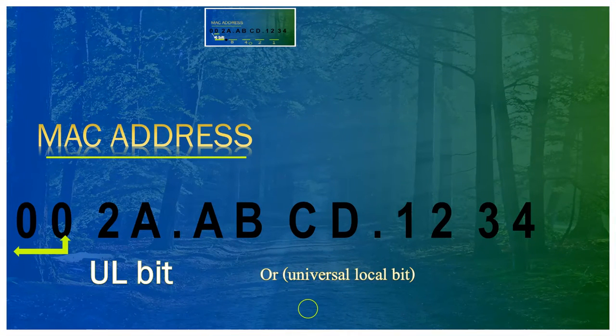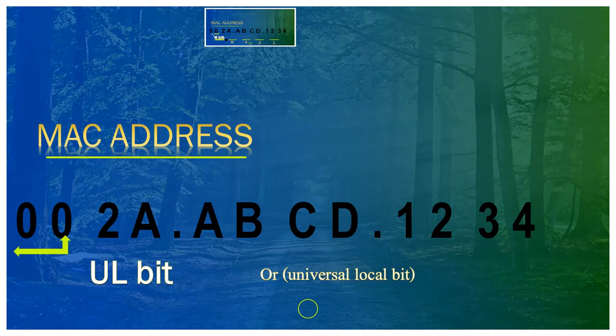The 7th bit of a MAC address, the 7th most significant bit, and whenever I use the language most significant bit, I mean all the way to my left, or all the way to your right. The 7th most significant bit will reside in here on this 0, and it's called your UL bit, or your universal local bit.